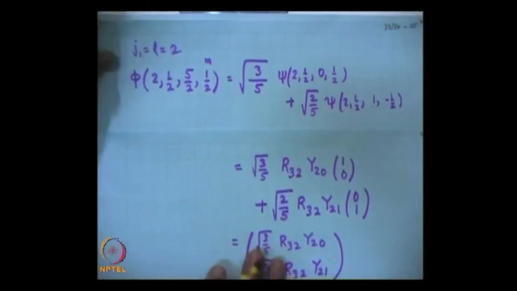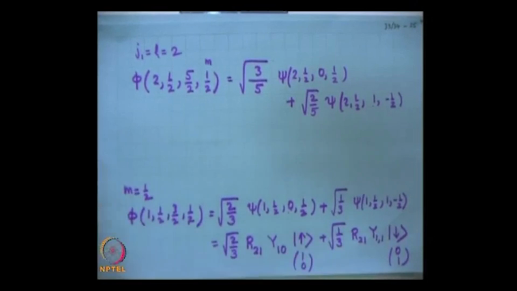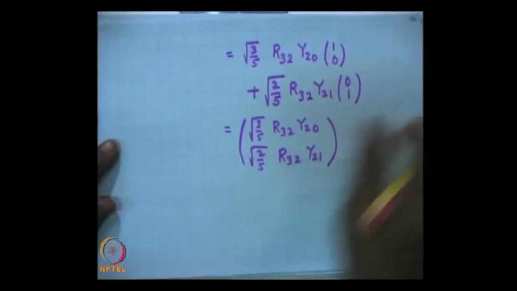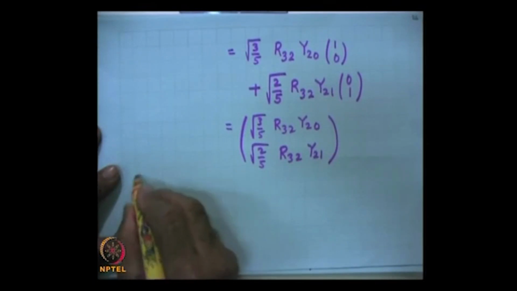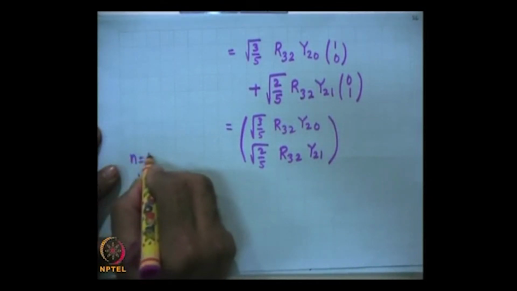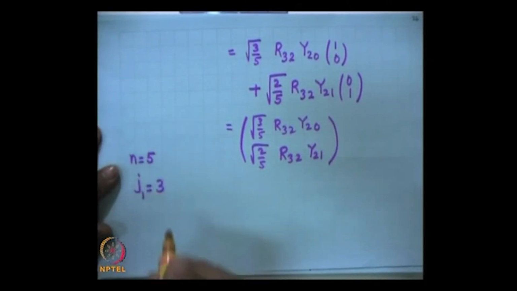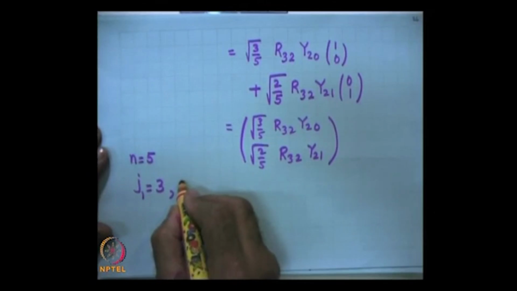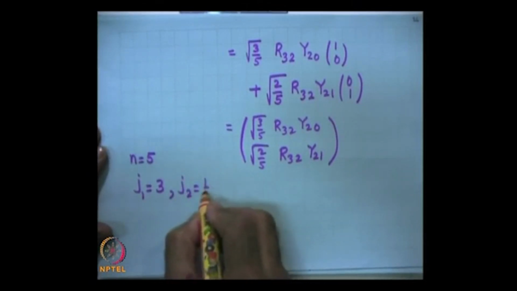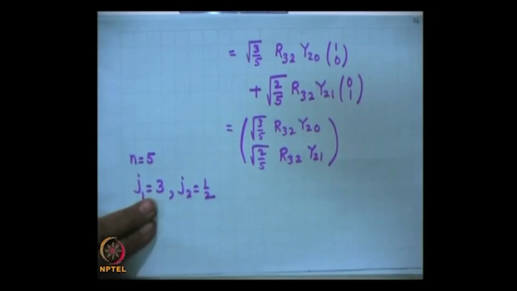One can go on and, using this table that I had shown, I leave it as an exercise for you to show that for j 1, say let me consider the case when n is equal to say 5, j 1 is equal to let us suppose 3 and j 2 is equal to half. So, the value of j will be either 3 plus half or 3 minus half.